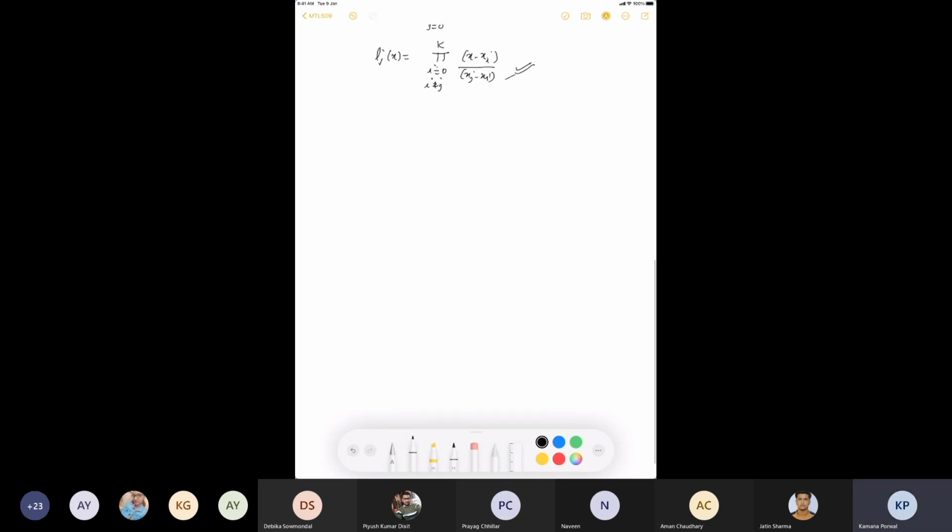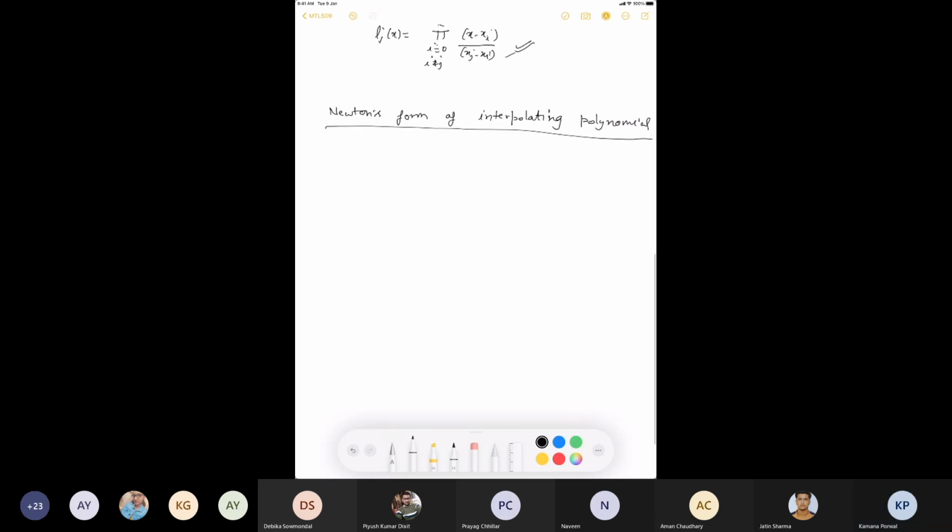We call it Newton's form of interpolating polynomial. Basically, we are again going to find the interpolating polynomial, but we will have it written in a different form.